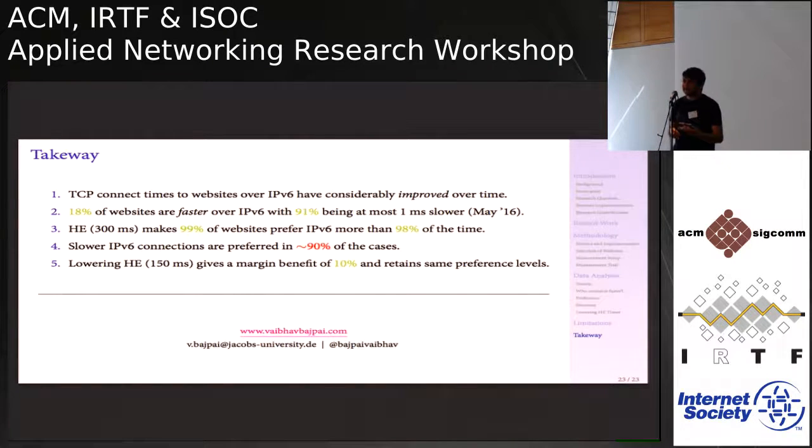We saw that with 300 milliseconds, you prefer V6 for 99% of the websites 98% of the time. And the bad news was, with 300 milliseconds preferring V6 for all these websites, in 90% of these cases V4 was actually faster. So what we try to conclude in this paper is lowering down to 150 milliseconds will give you the same preference as in 300, but will give you some margin benefit of 10%. And that's about from my end. So thank you, and I'm happy to take questions.